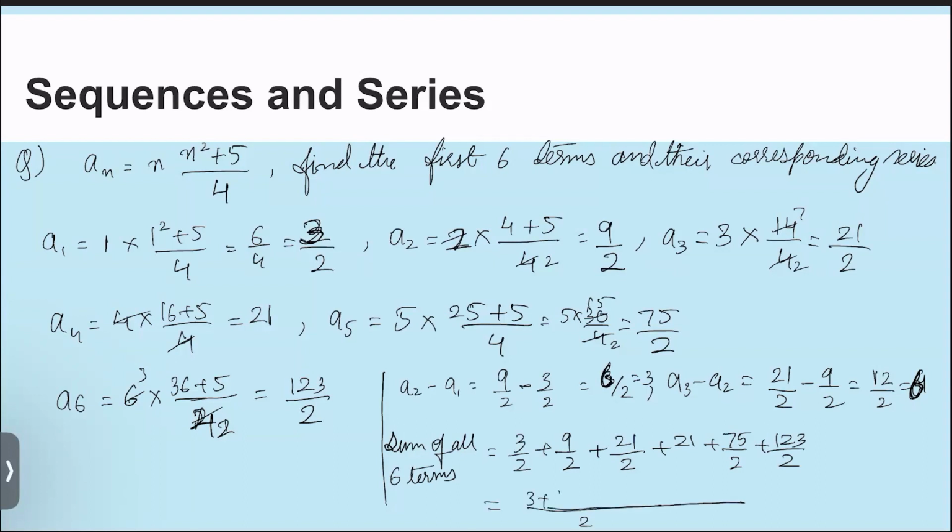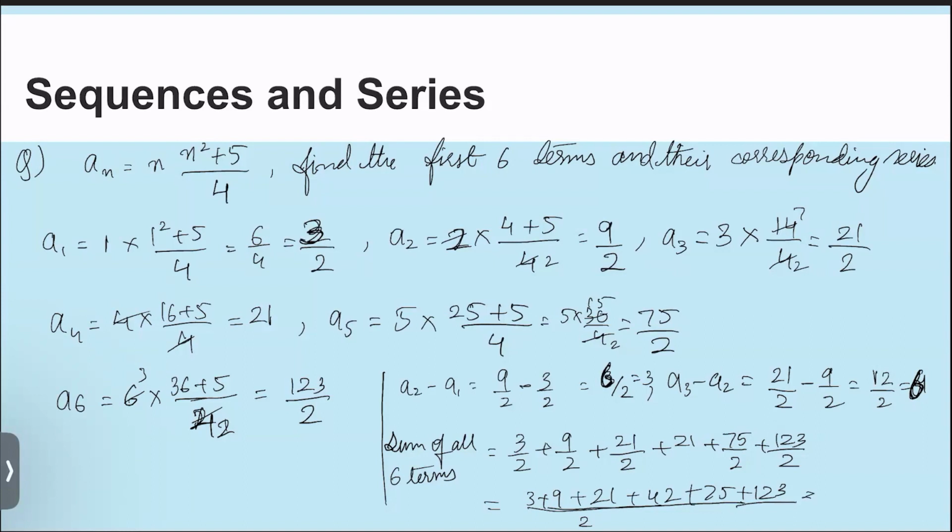So you have 3 plus 9 plus now 21 will be multiplied by 2 here. So this is 42 plus 75 plus 123.